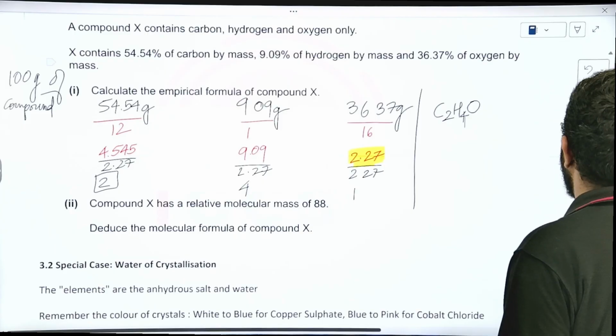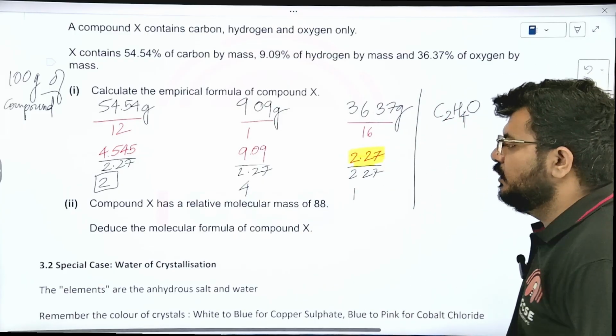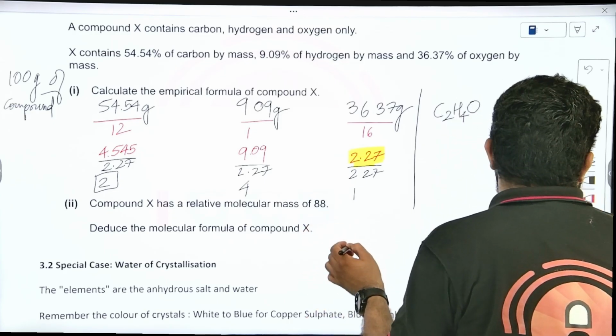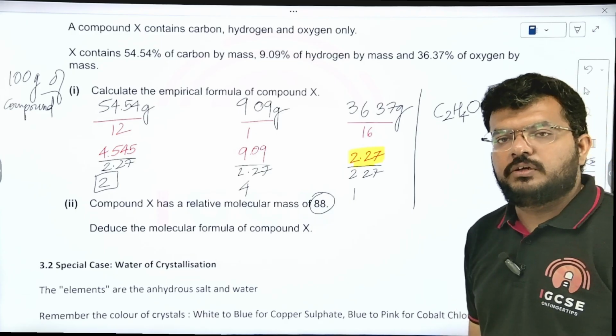From the empirical formula, you can generally find out the molecular formula if you have the molecular mass.